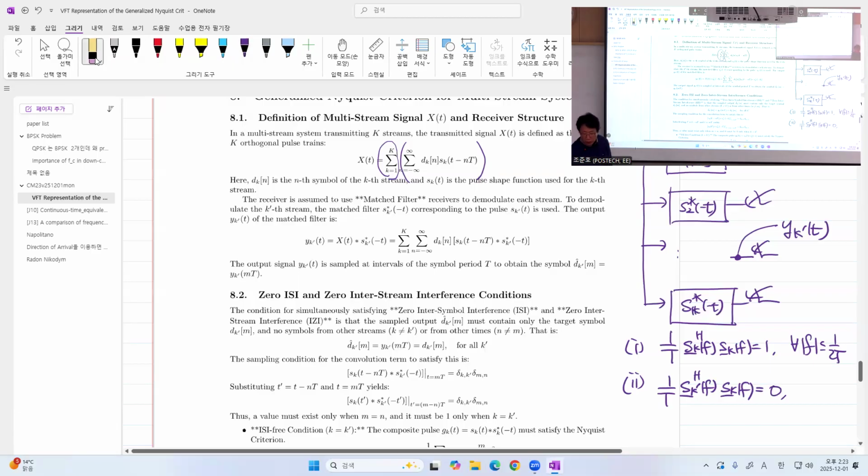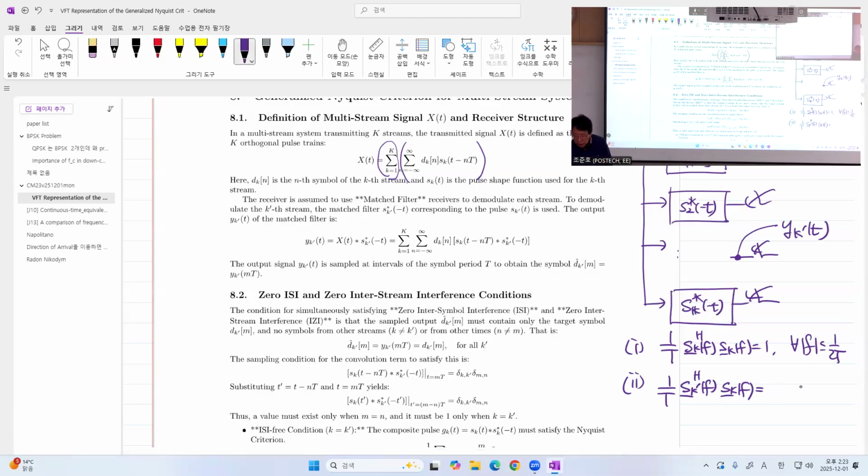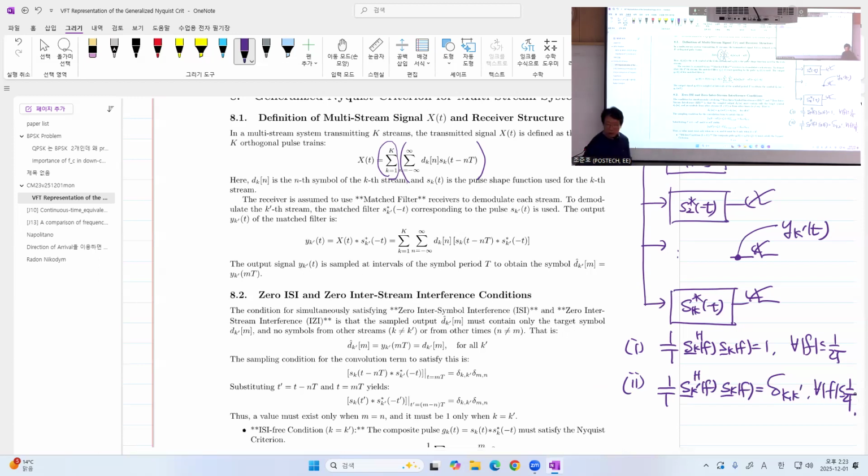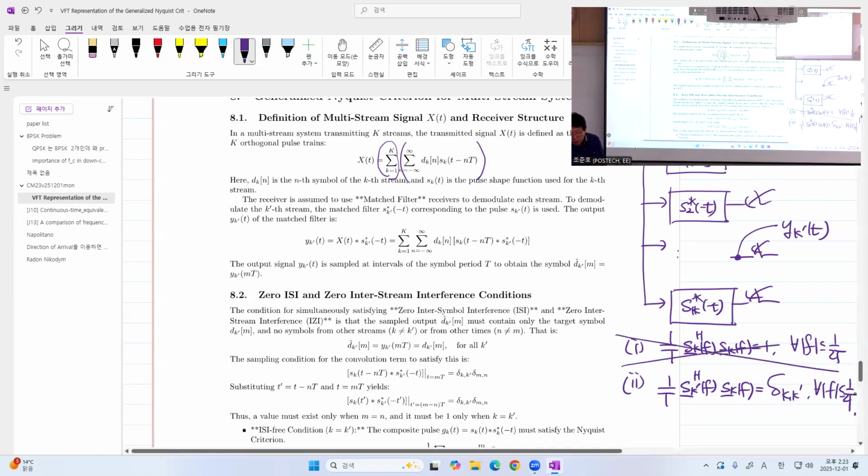So what can you say? You may write it here, delta sub k, k prime, for all f. So actually, if you define it in this way, the first one is not necessary. So this is our result.